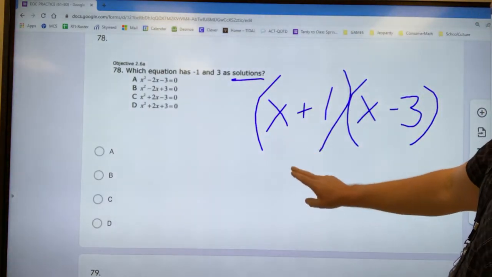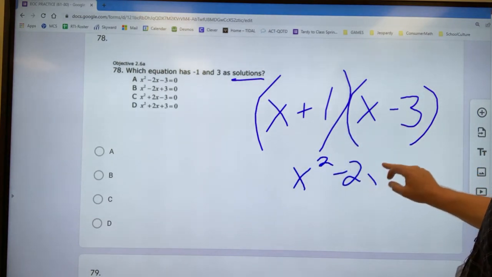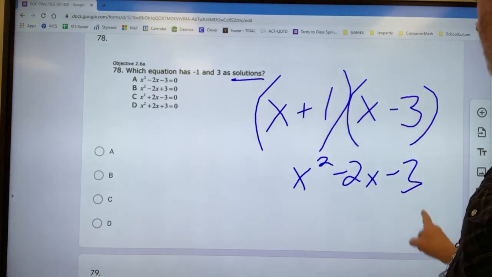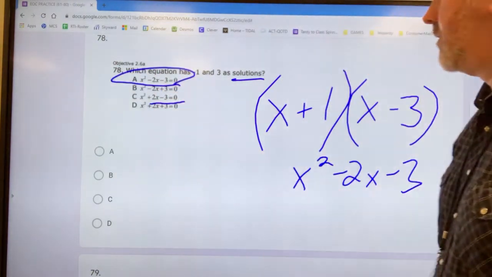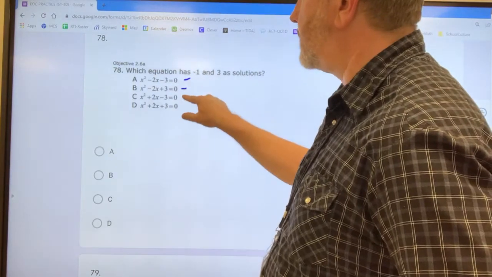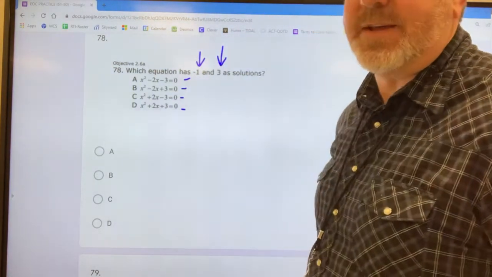And you can just FOIL these. It's x squared minus 2x minus 3. I did the outers and inners and added them in my head. So minus and minus is what I'm looking for. Nope, A. Okay? There's another way to do it. Plug each one of these in your calculator and see which one passes through that and that as zeros.